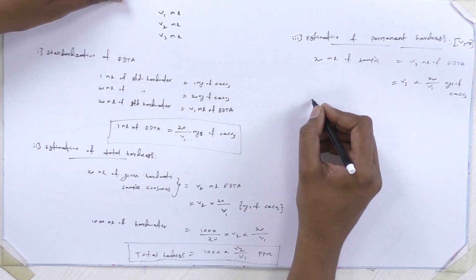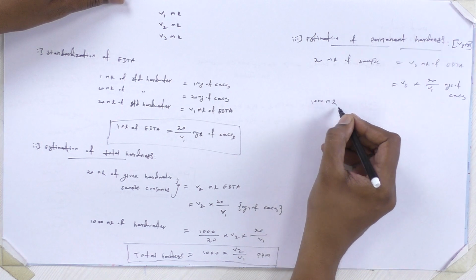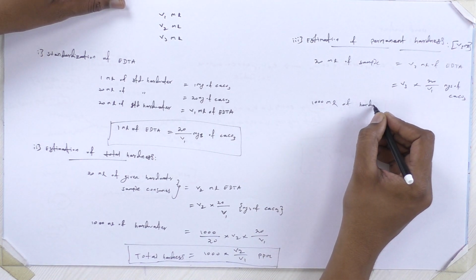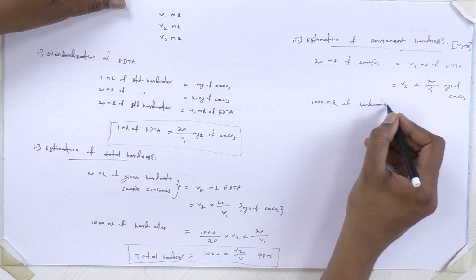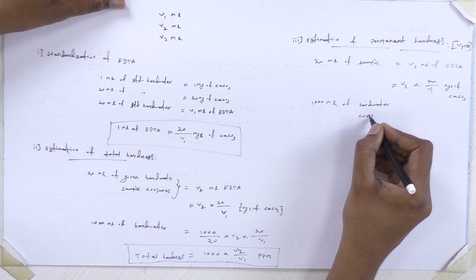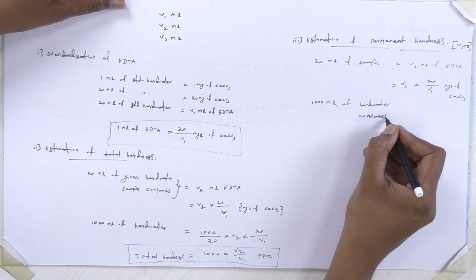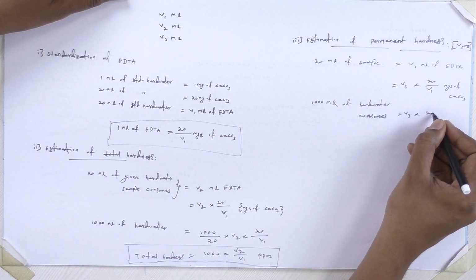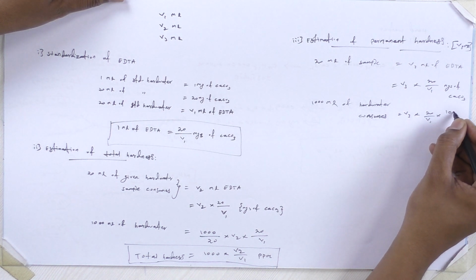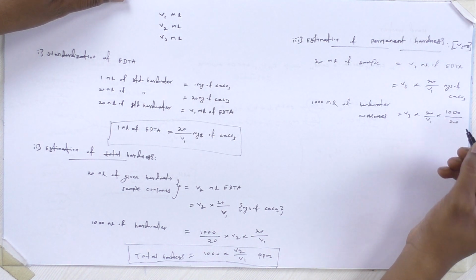So 1000 ml of hard water consumes V3 into 20 divided by V1 into 1000 divided by 20.